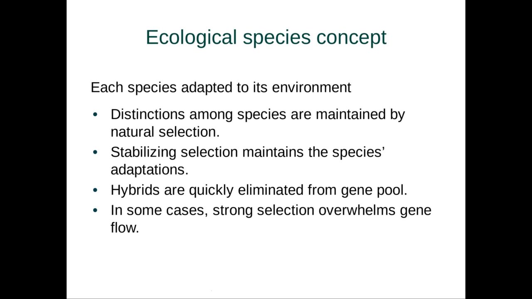Now, the distinctions among and between species are maintained by natural selection. A process called stabilizing selection maintains the species adaptations, and we discussed what stabilizing selection looked like in the last lecture. Hybrids are quickly eliminated from the gene pool. And finally, in some cases, strong selection overwhelms gene flow, simply not letting genes mix between populations.